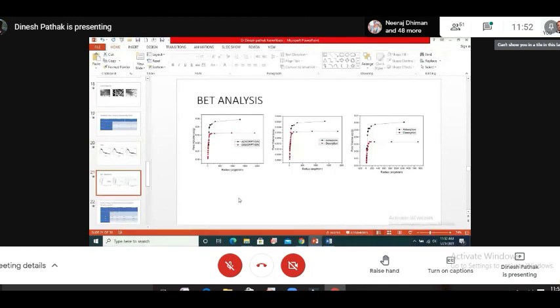BET analysis is a technique, because by SEM the exact idea of porosity cannot be estimated. SEM is not accurate for porosity. So BET is a method where we use adsorption and desorption of non-reacting gases. This technique is available at IIT Mandi, so if someone is interested, maybe many of you are doing it.